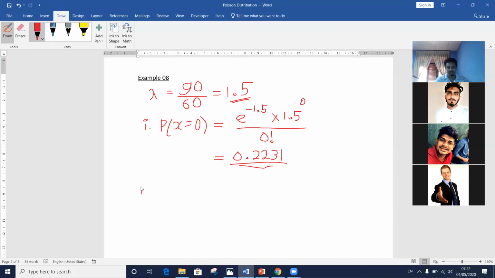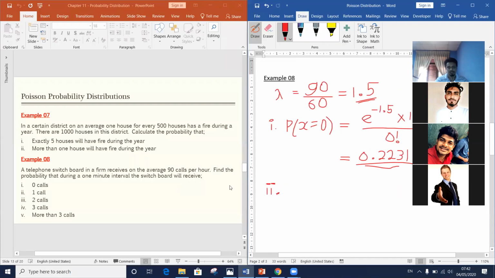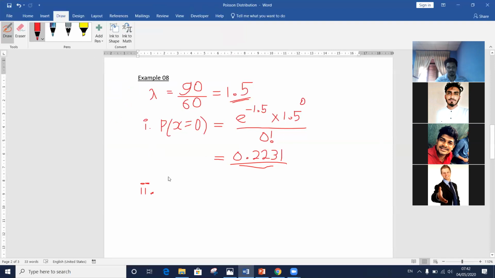Right. So I'm not going to find it, you have to find and tell me the answers for parts 2, 3, and 4. Part 2, probability that during a 1 minute interval, the switchboard will receive 1 call, 2 calls, 3 calls, like that. Right? Probability of x equals 1. What should be the value?